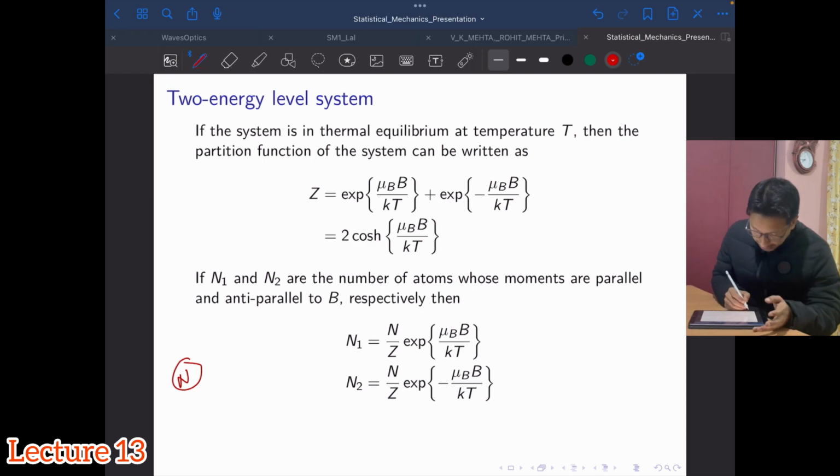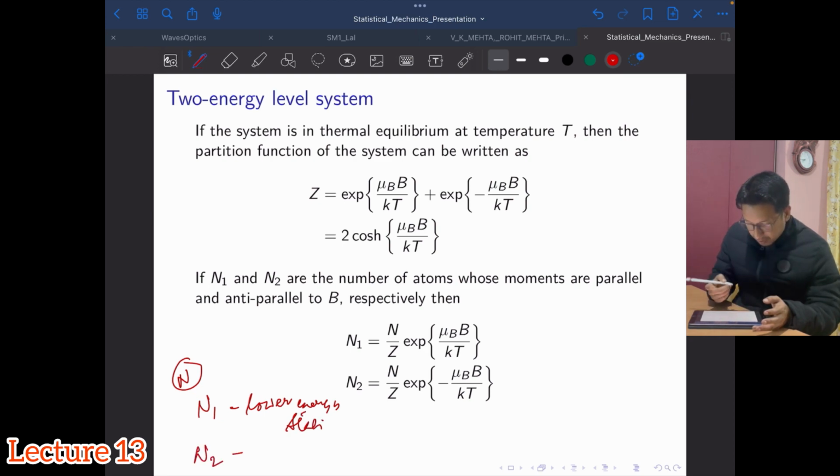Out of that N, we assume that N1 are in the ground state, the lower energy state, so these atoms are parallel to the applied magnetic field. And N2 are in the upper state, the higher energy state, which are anti-parallel.